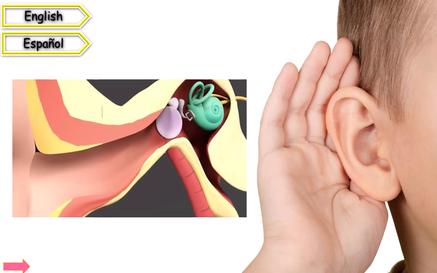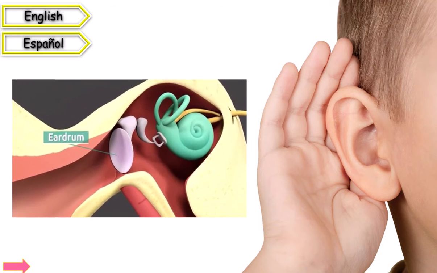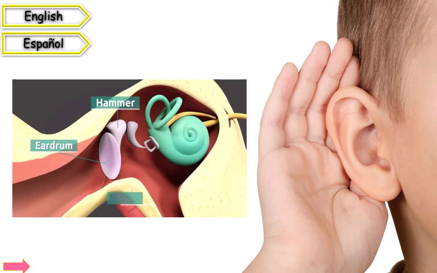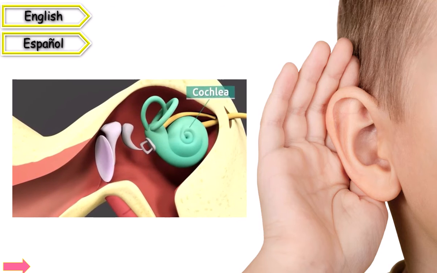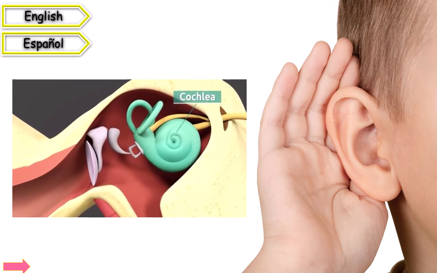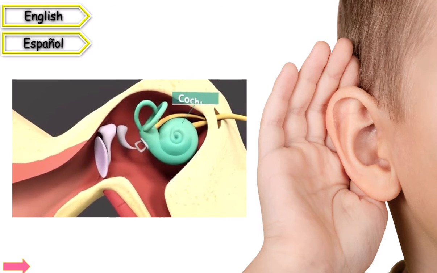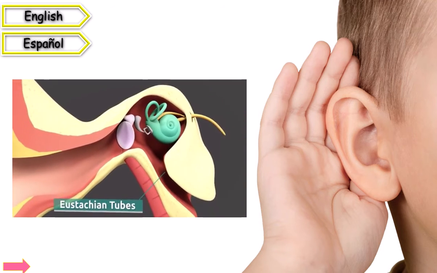The middle ear is made up of the eardrum and 3 bones: the hammer, the incus, and the stirrup. These transmit sounds to the cochlea. The eustachian tubes are also located in the middle ear.